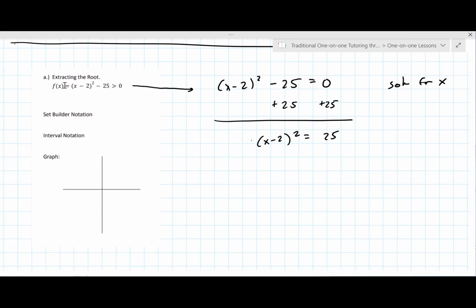Now, if you take a square root of both sides, you get x minus 2 equals plus or minus 5.